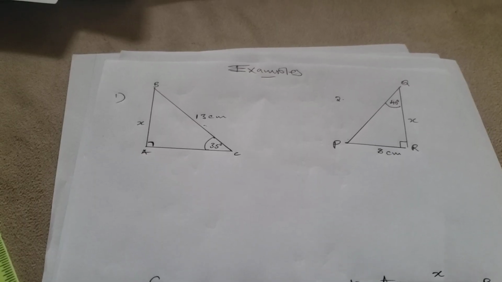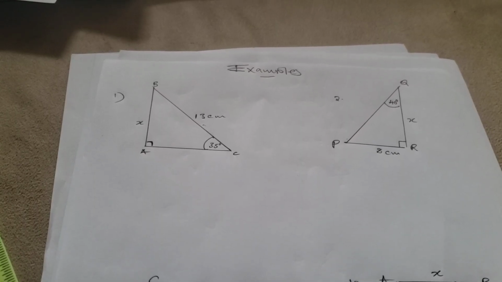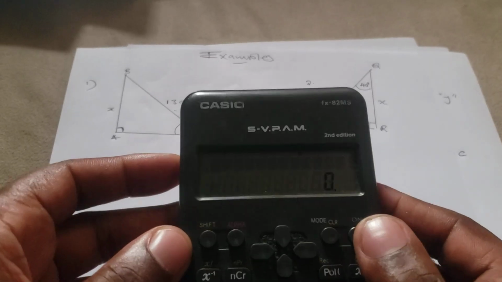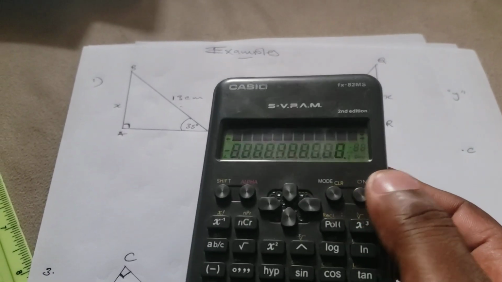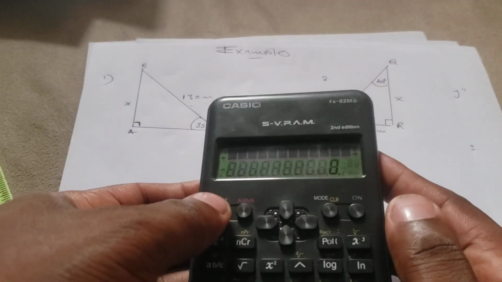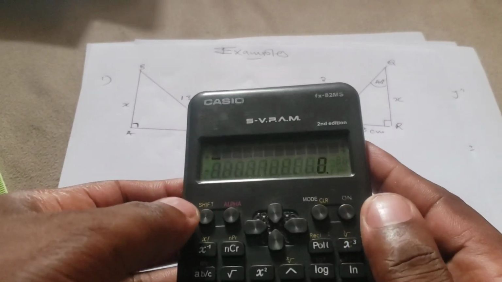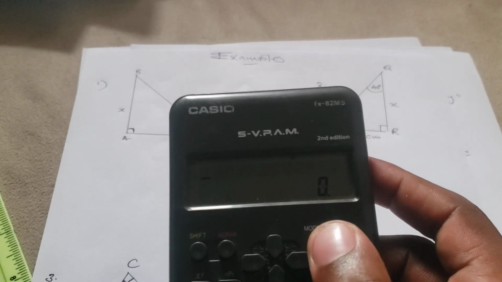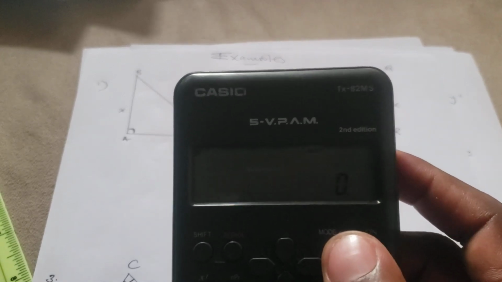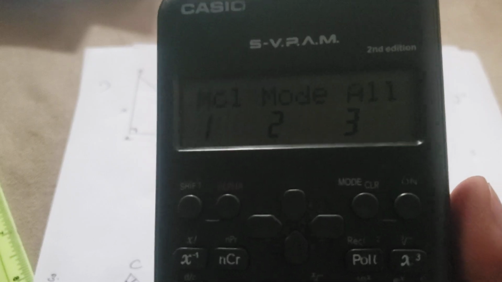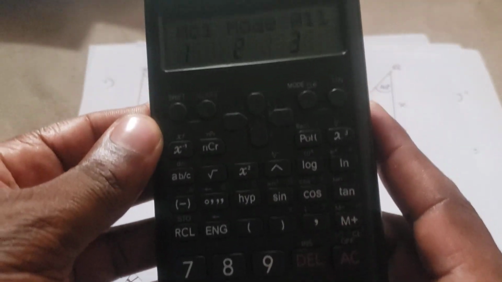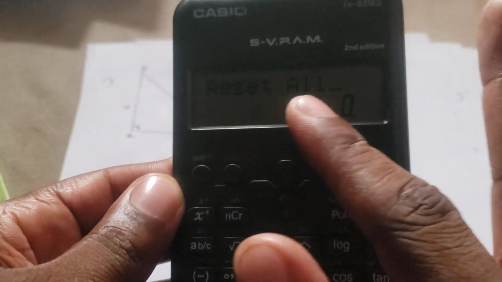Before you jump in and start finding the sides, get your calculator. On that calculator, press shift, then mode, depending on the calculator you're using, so that you get this display. Where it says 3, you go to 3 to reset your calculator.